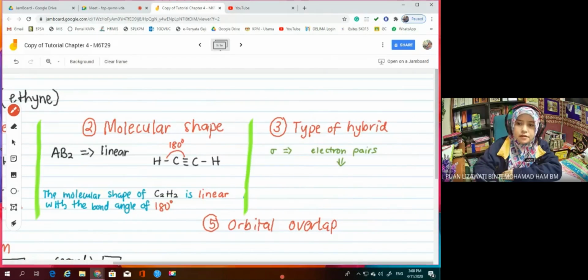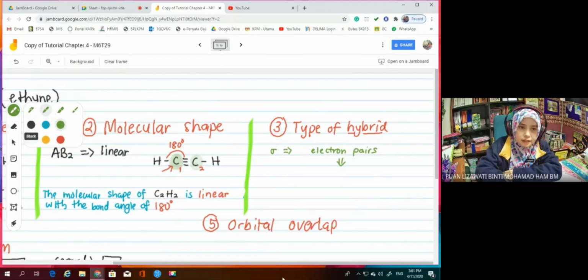Alright, step number 3. We want to identify the type of hybridization. How can we identify it? We just take a look at both central atoms, one by one. The first carbon here, second carbon. To identify the type of hybridization, we have to consider only the sigma bonds, and whether there is any lone pair. No lone pair at the center. We have one sigma bond between carbon and hydrogen. However, the triple bond consists of one sigma and 2 pi.